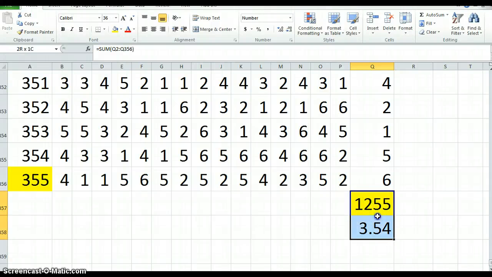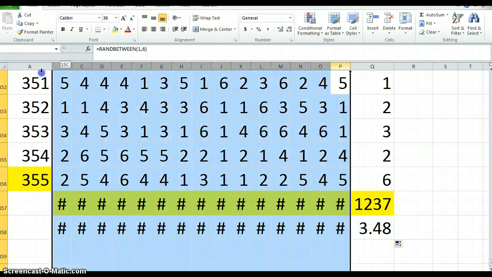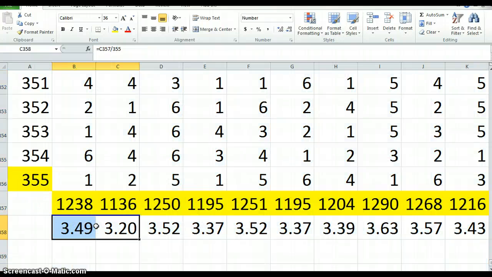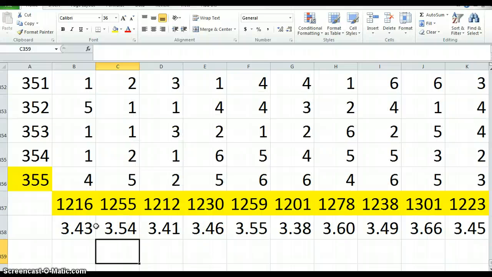Now if I grab these two and I go across like that, then I can see these different averages for all the times that I've thrown it 355 times. If I hit a key, it'll recalculate. Okay? Does that make sense?